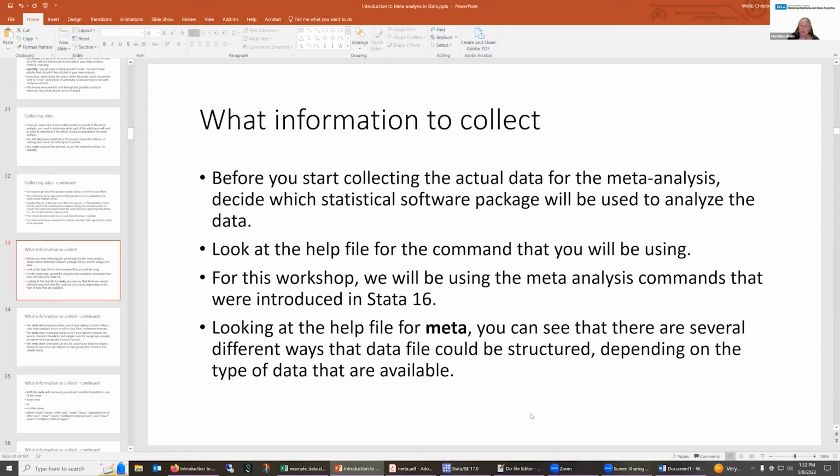So in the spirit of not having that happen to you, read the help file for whatever you're going to use. Stata is a most excellent place to do a meta-analysis, but there's also R, and then there's also a package by Michael Borenstein. I forget what it's called, but it's something meta-analysis something, and that is also really good. He's got it up to date with all sorts of cool bells and whistles. So any of those three things will get the job done for you.